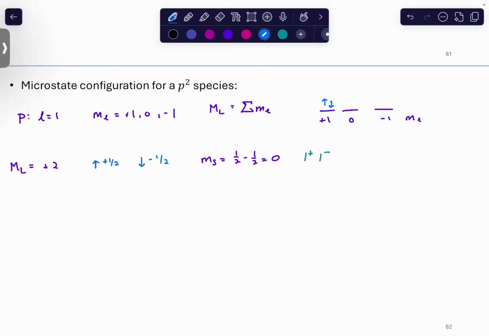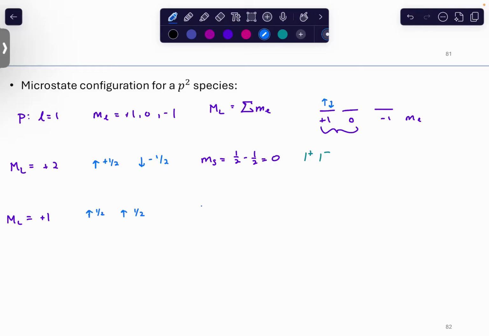Now, let's look at our states where we're involving +1 and 0. That means your capital M sub L is going to be a +1. Now, what are all the possible states for this one? We could do spin up, spin up.